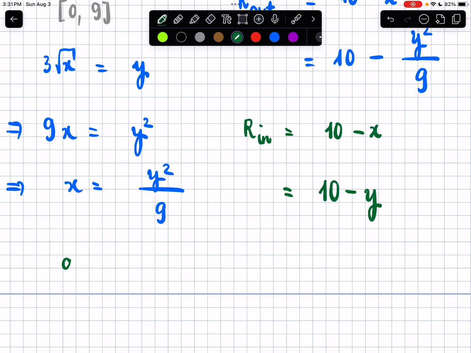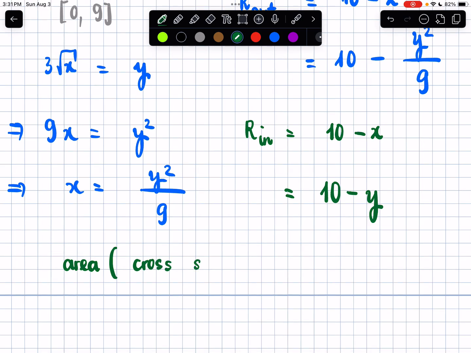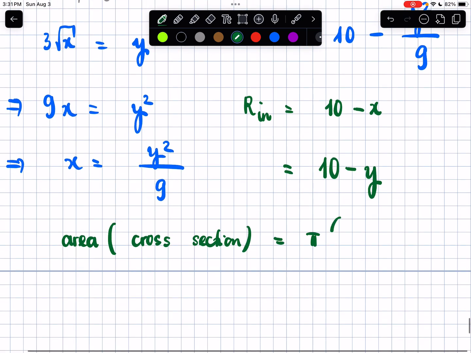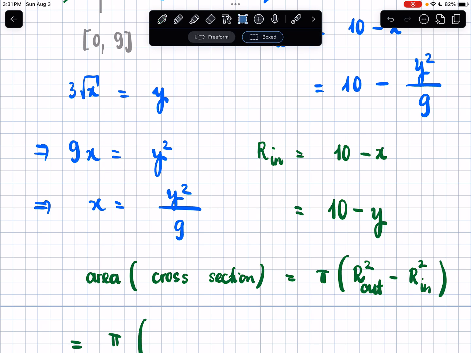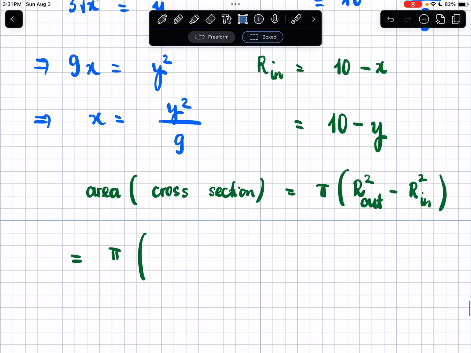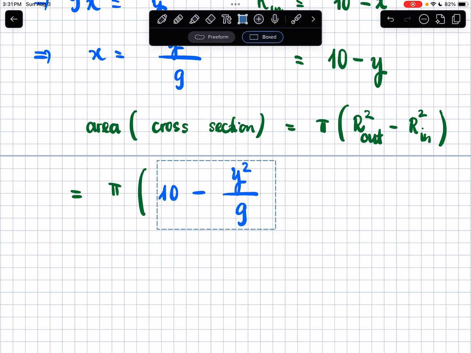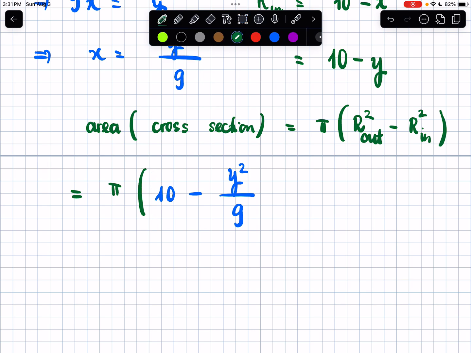The area of the cross section is the area of the washer. So pi times r outer square minus r inner square.